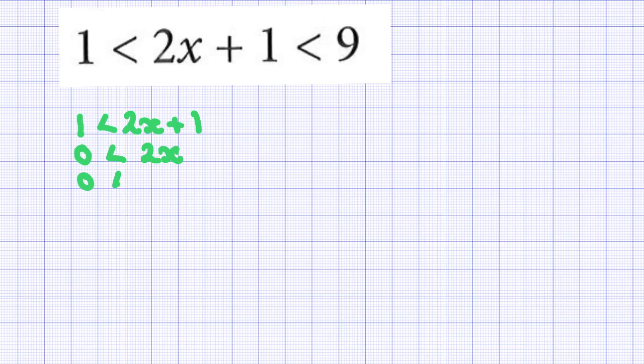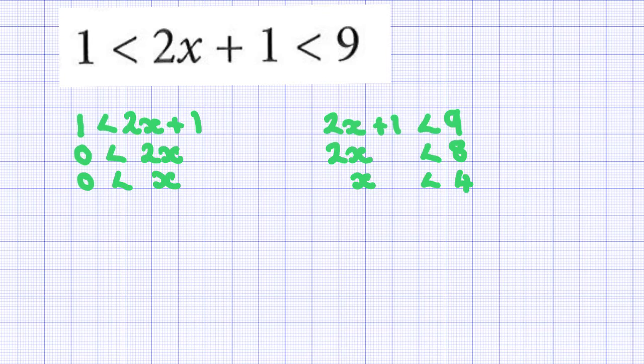So 0 is less than x. The second one, 2x plus 1 is less than 9. Subtract 1 from both sides. So you get 2x is less than 8. Divide by 2. So x is less than 4.